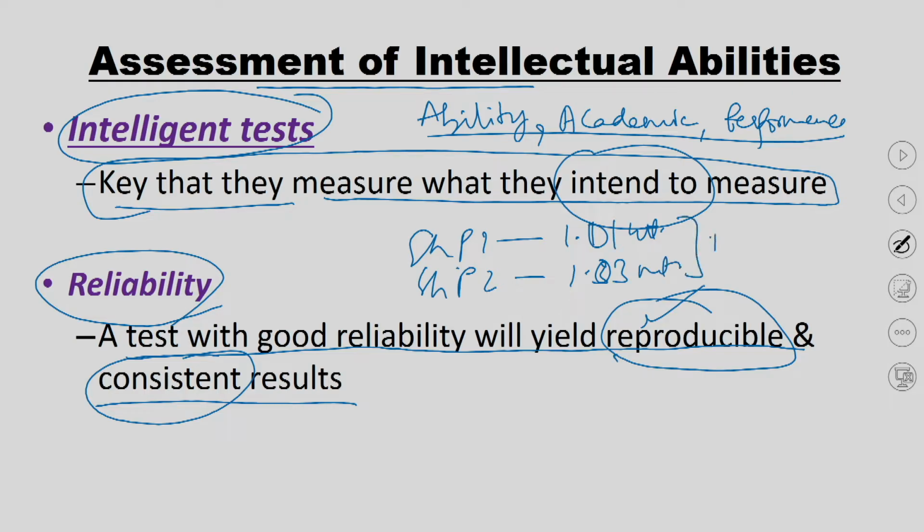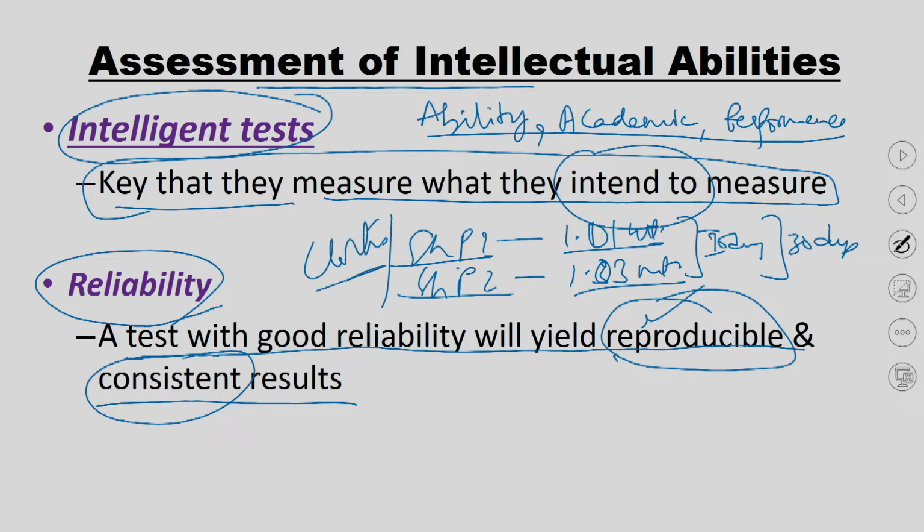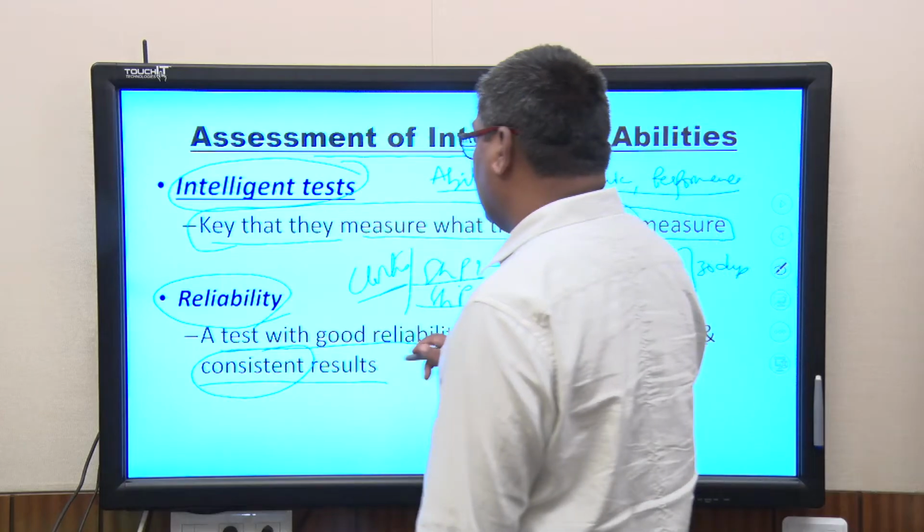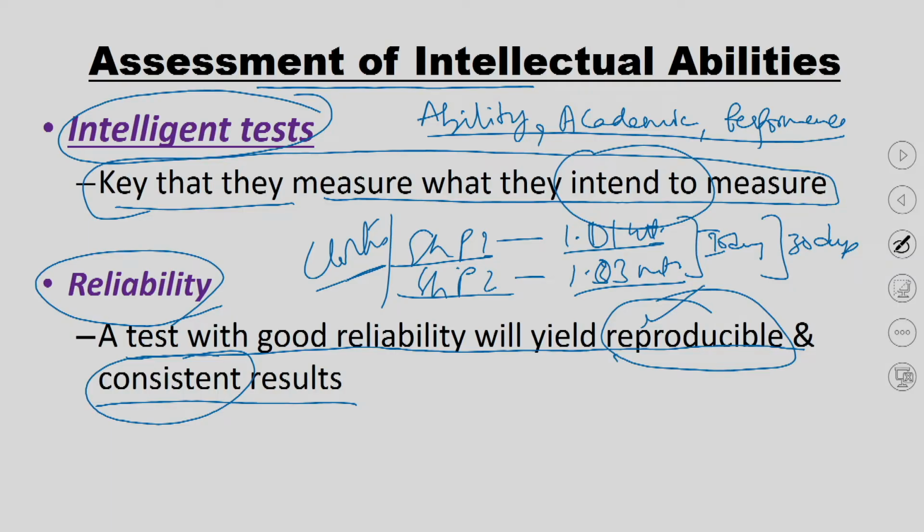And if I do a test today and I again go back, let us say after 30 days, the same results I will get in shop 1 and shop 2 of the cloths that I have, and that is called consistency. So, no matter what I do, how many times I go there, the results are not only reproducible, but also consistent.